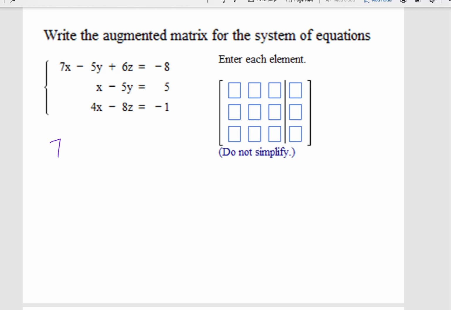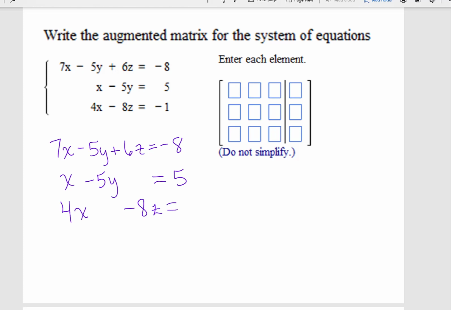So 7x minus 5y plus 6z equals -8. That first one has all three variables, but this one only has x and y, and then the last one only has x and z, and then all of them have that constant though, right?